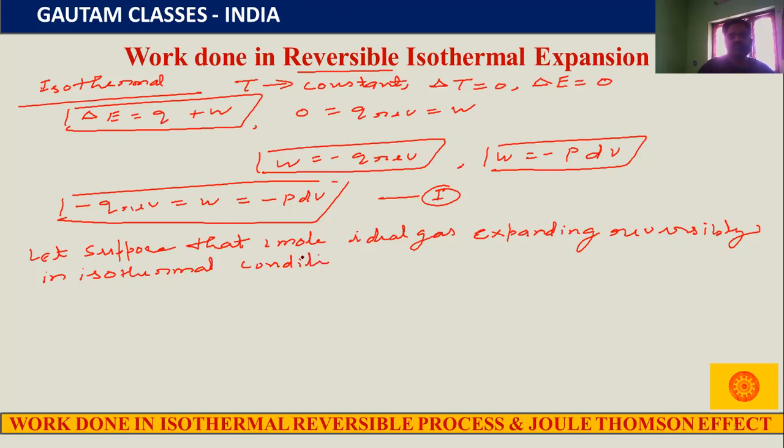In isothermal condition, if it is an ideal gas, it should follow the ideal gas equation. What is the ideal gas equation? PV is equal to nRT.